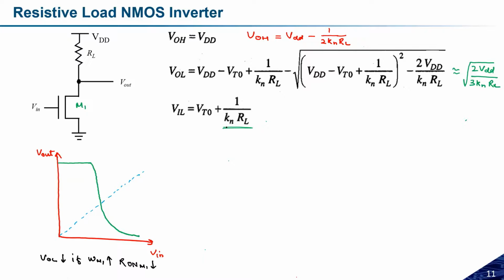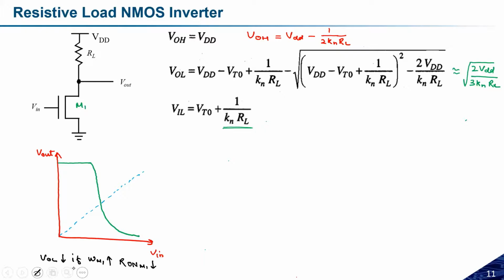So the important thing is the minimum value of VIL can be up to the VTH. This is really a very important question, especially for objective type questions: what is the minimum value VIL can be?